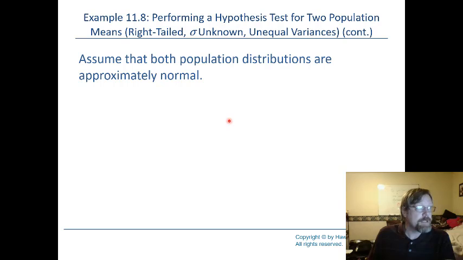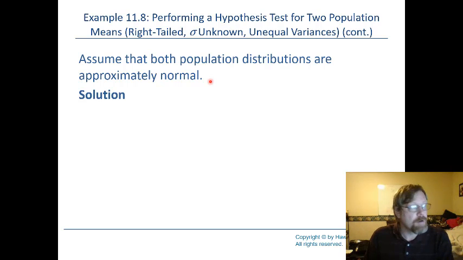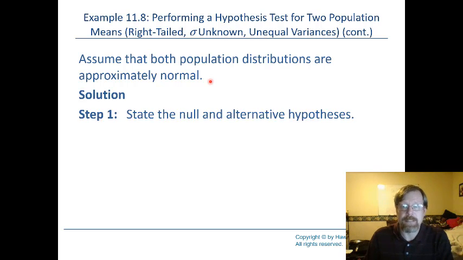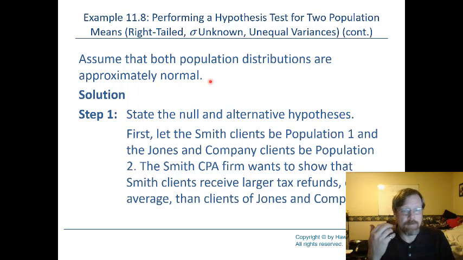In order to do this, because those sample sizes are less than 30, we're going to assume that the population distributions are approximately normal so that we can proceed. So first off, what's our null and alternative hypotheses? Well, let's call the clients from the firm making this claim population 1 and their competitors' clients population 2.